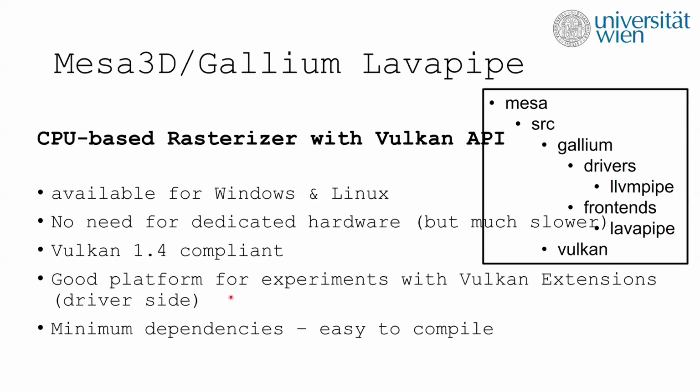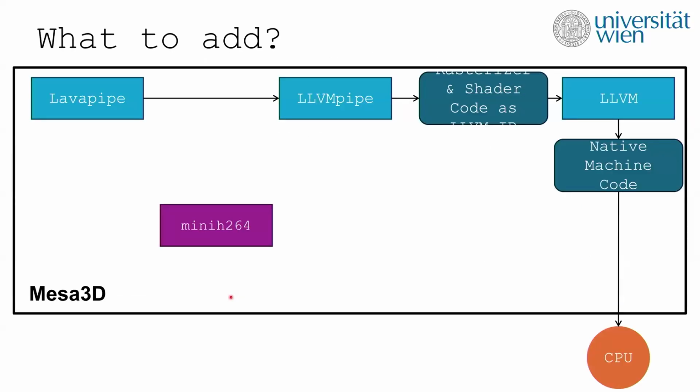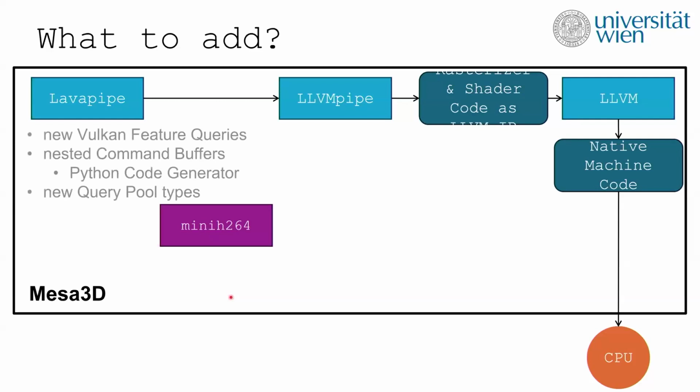So what did we need to add to get this working? On the Lavapipe side, of course, we need new feature queries for all the Vulkan Video features. Then there is a special part, mainly in the Mesa driver core.